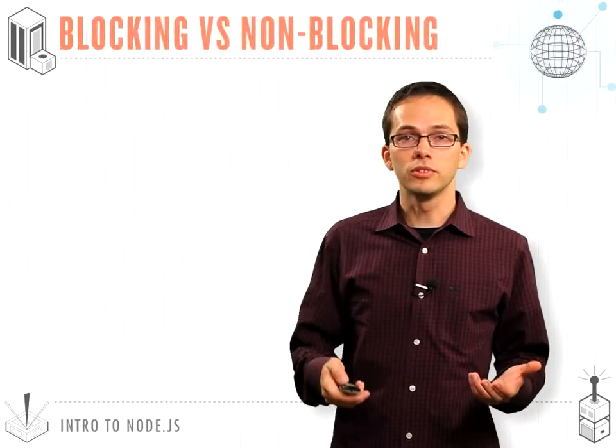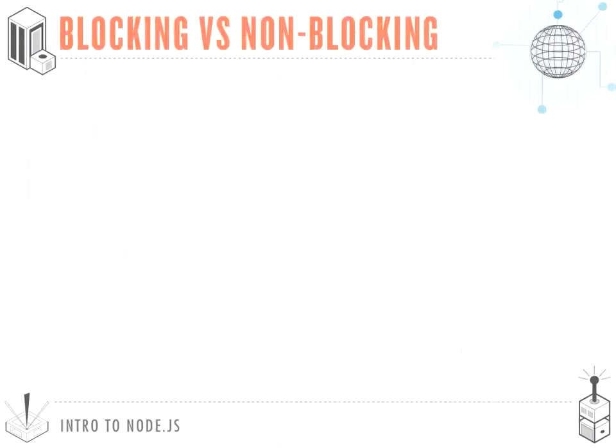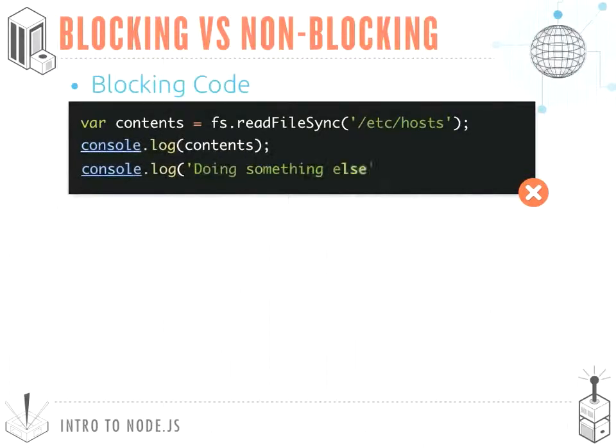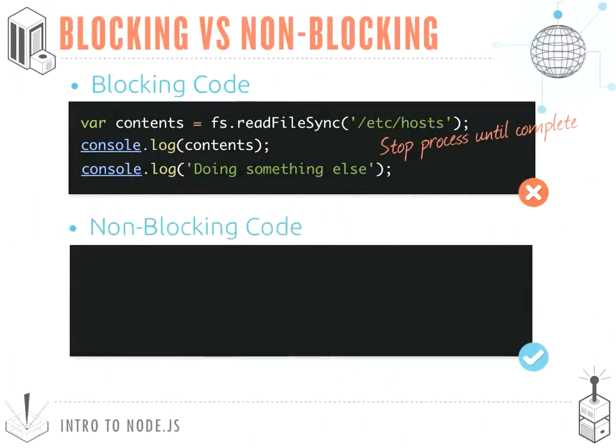Now here's some actual Node code. First of all, the blocking version of reading out the file might look like this, where we're getting all the contents of the file, we're then logging that out, and then doing something else. So obviously when this gets executed, it just runs one at a time. The non-blocking version of this in Node is going to call readFile, and look at this.